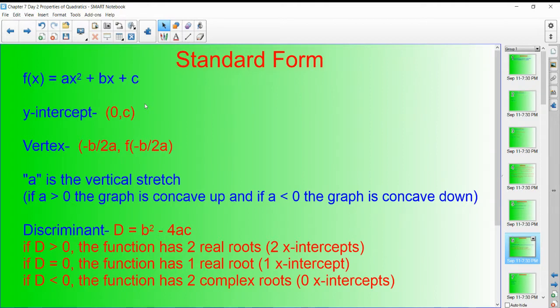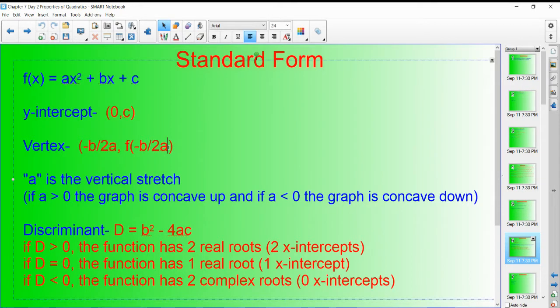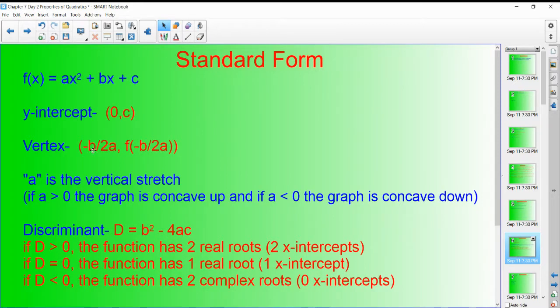Now the vertex. Some of you may be familiar with negative b over 2a from the quadratic formula, and this finds the x-coordinate of the vertex.